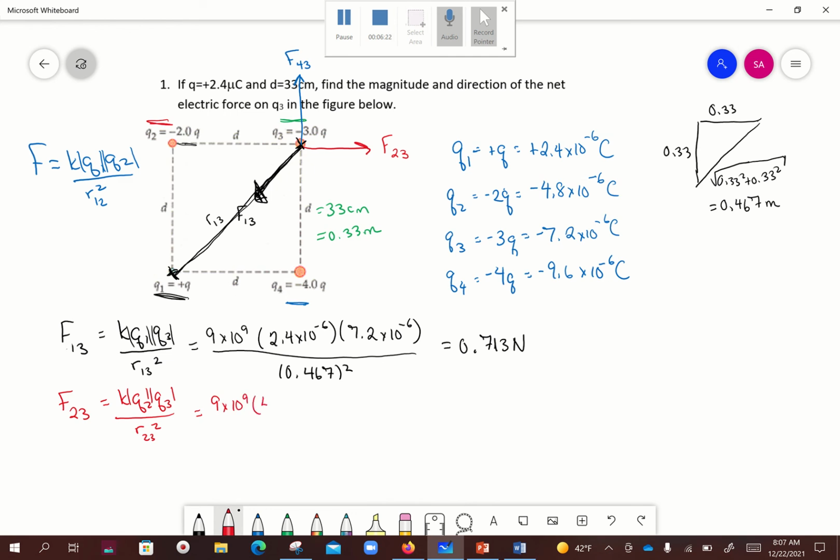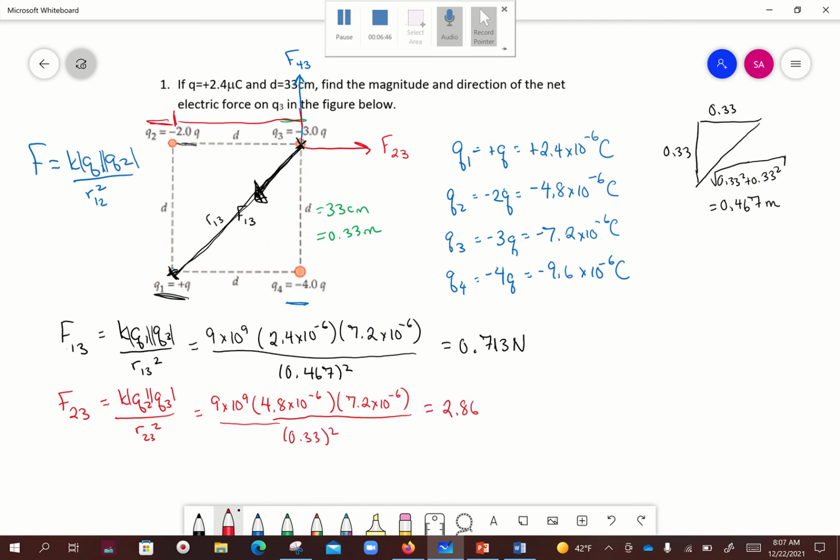Q2, dropping the sign, is 4.8 times 10 to the minus 6 coulombs, and Q3 is 7.2 times 10 to the minus 6 coulombs. The distance between 2 and 3 is just the length of one side of the square, so that's 0.33.